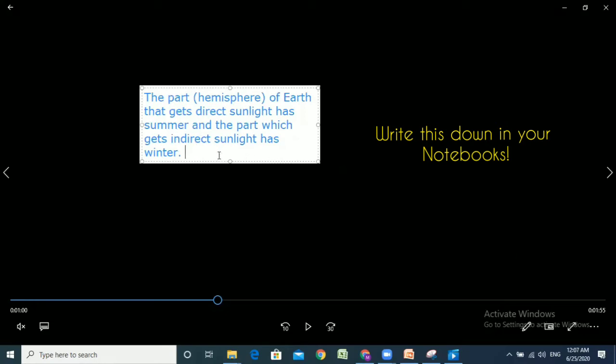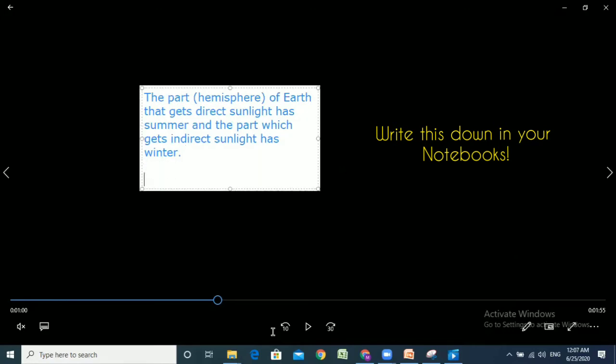If this is clear, may I ask a question, why are we getting direct and indirect sunlight? Equal sunlight क्यों नहीं है? Yes? So question will be, why do we not get equal sunlight on all parts? What parts?